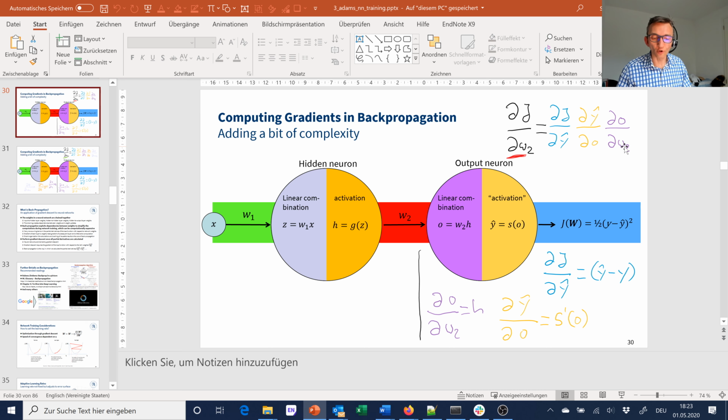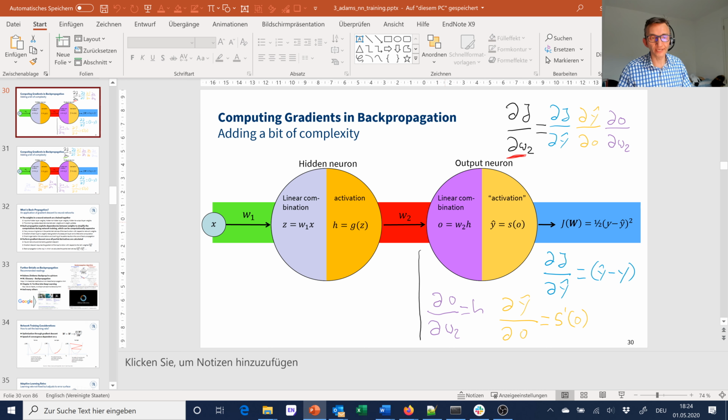And as you also see here, the derivative of the loss with regard to the forecast is just the residual for squared error loss. Fortunately, the yellow part here, the derivative of the forecast with regard to the raw output score, is equal to the derivative of the output layer activation. That's the second factor we introduced. And the derivative of the raw output score with regard to the weight is actually the output that comes from the hidden layer.